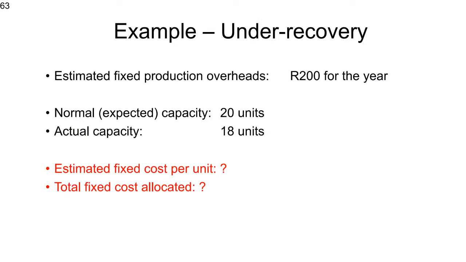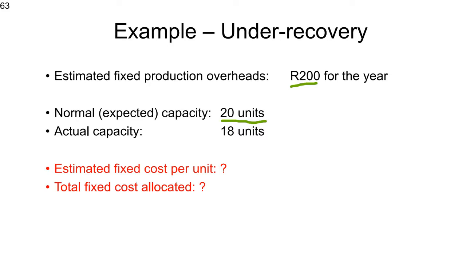You guys have to pay attention while I'm speaking so that you don't fall behind, right? So we started off with 200 Rand rental for the year. Our normal capacity, or what we planned to do, was 20 units. So what is our estimated cost per unit?